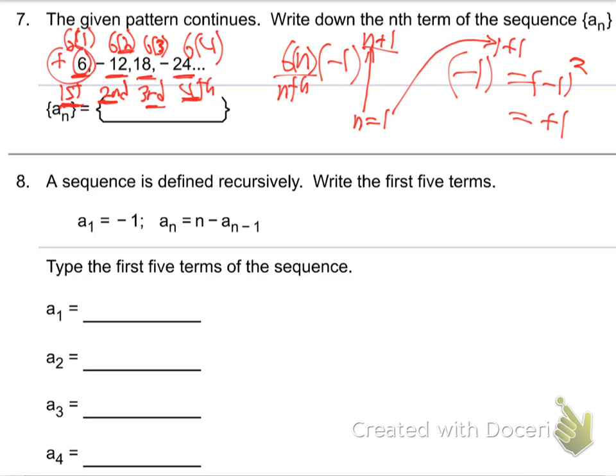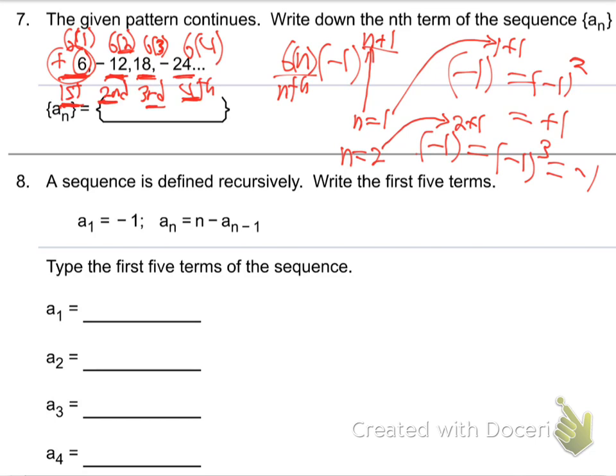And then when n is 2, that'll be negative 1 to the 3, which will be negative 1, won't it? It'll go back to negative. See how that works perfectly? It'll start positive and then go negative, positive.